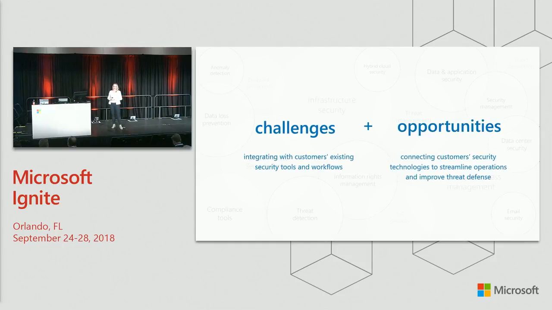So we think that this creates some interesting new challenges and also some interesting new opportunities. For customers, integrating each of these solutions with existing security tools and operational processes and workflows can be quite complex and time-consuming.